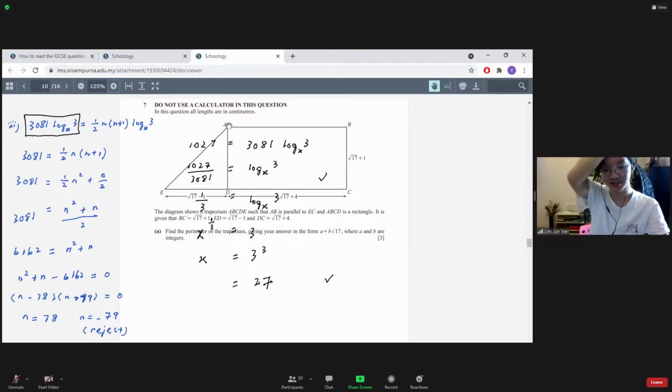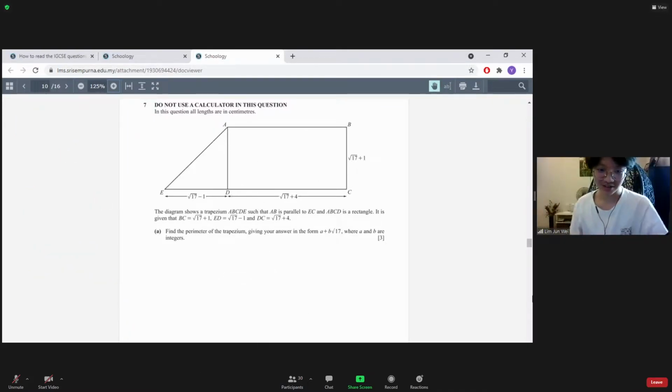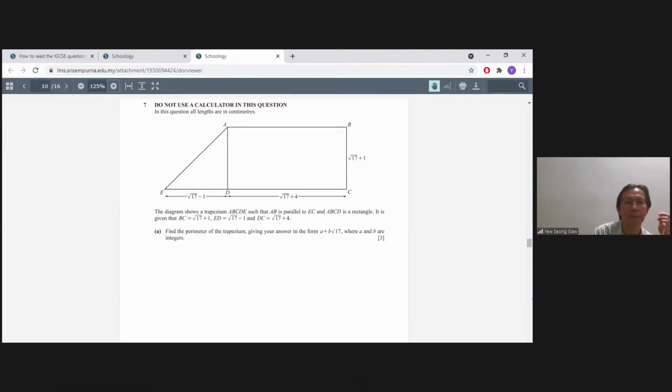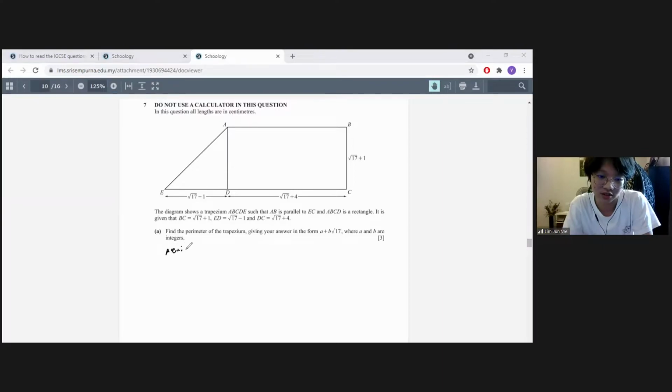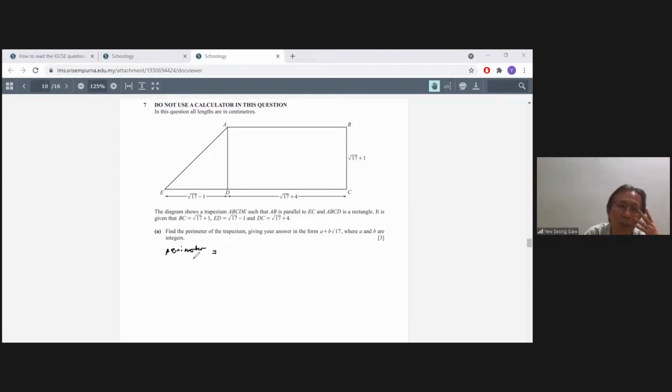I think so. Maybe. What topic? Surds. Okay, so we use surds to find out. Number 1, perimeter. Find the triangle side first. 3 marks. So how do you write the working?